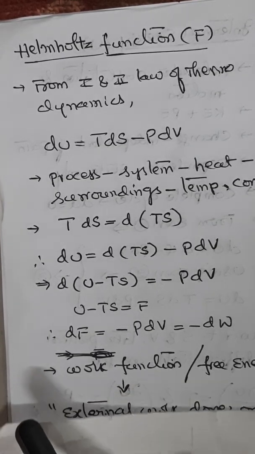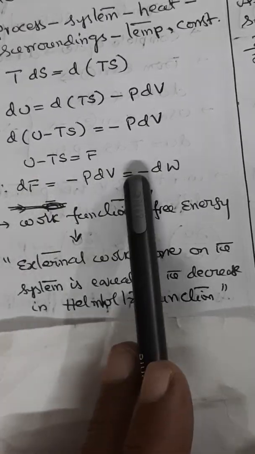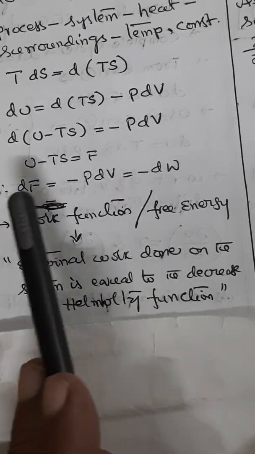From this you can conclude that the external work done on the system is equal to the decrease in Helmholtz function, because it is minus now. So if dF equal to minus dW, then dW equal to minus dF. That means F is decreasing.